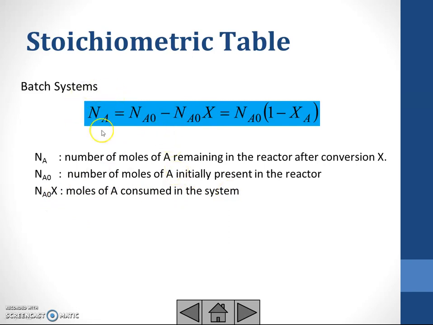So that's why the equation is like this. The remaining reactant in the reactor is what was there initially minus how much has been consumed. That is the way we understand it. Okay, so this is the equation, and when we factorize in terms of Na naught, we will get 1 minus Xa here.